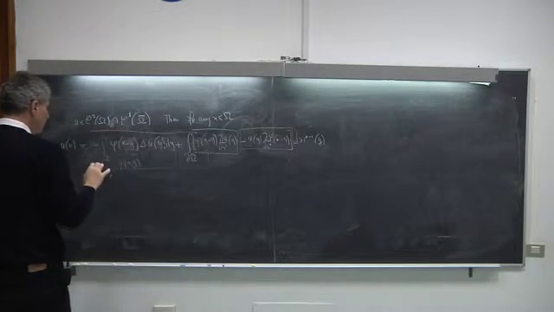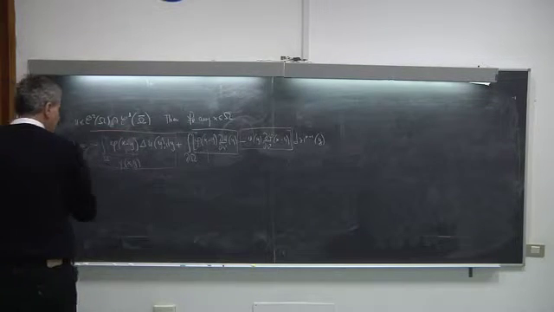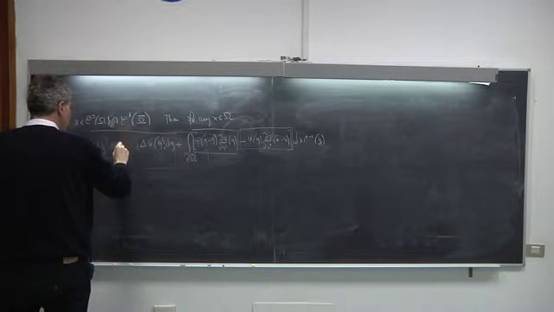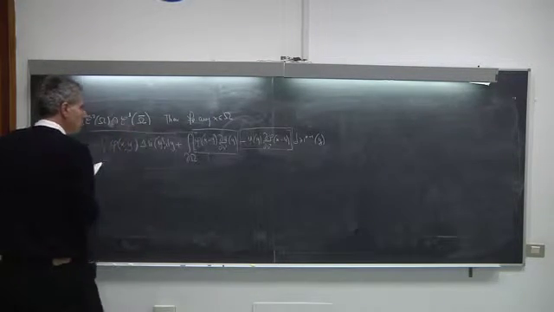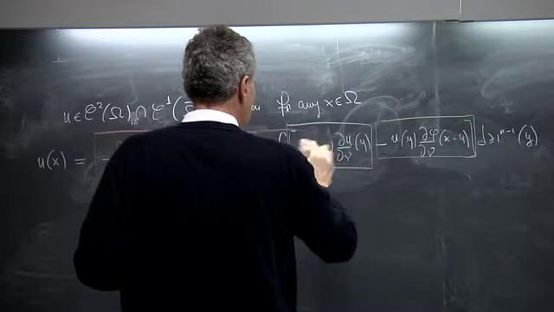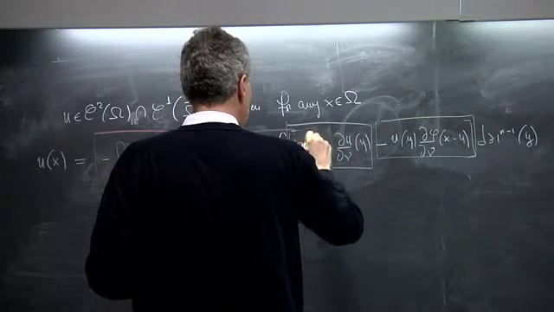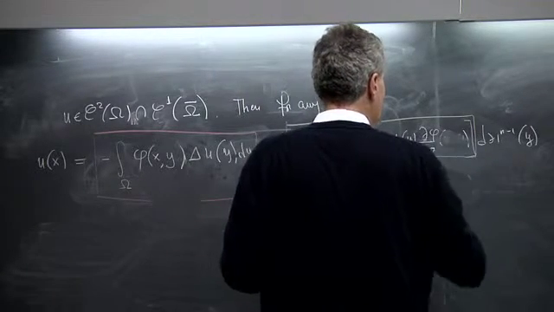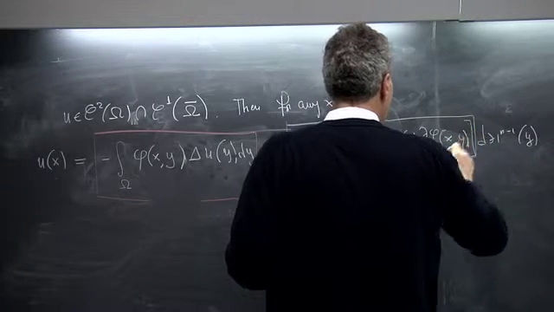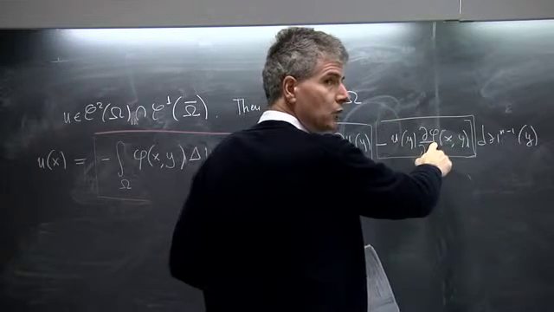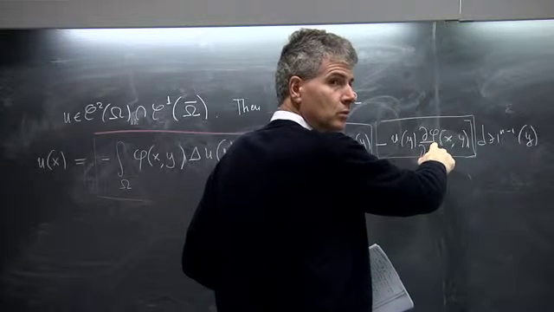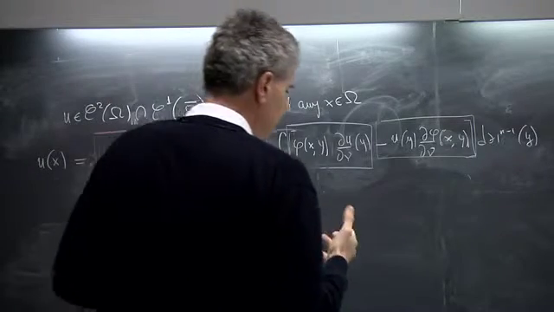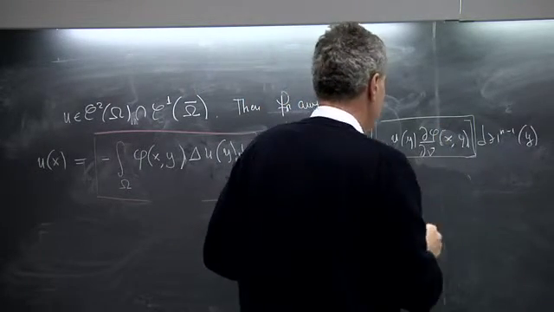This will be useful for the introduction. So also let me keep the standard notation phi of x and y. Phi of x and y. And remember that this is the gradient of phi with respect to y, scalar product nu. Okay? So everything is well defined.